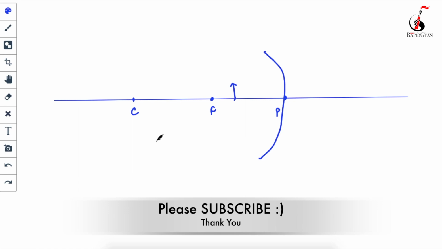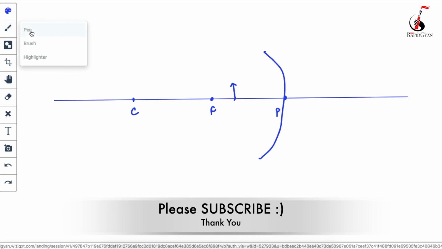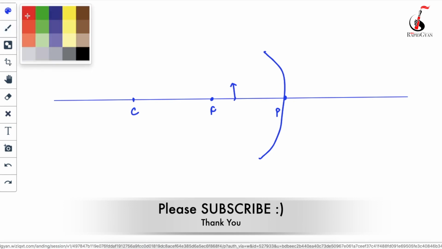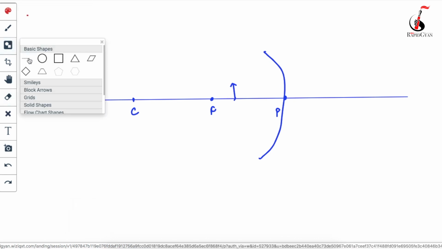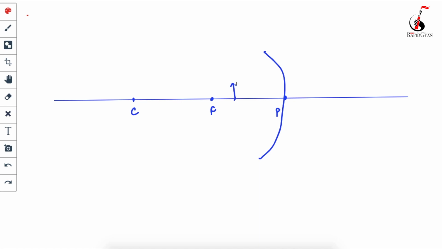Now what will happen in this case, guys? I will just change the color of the rays. Let me choose some red color. So check here, beta. From this point, if one ray is going parallel, what will happen? After reflection, it will go pass by F, correct?